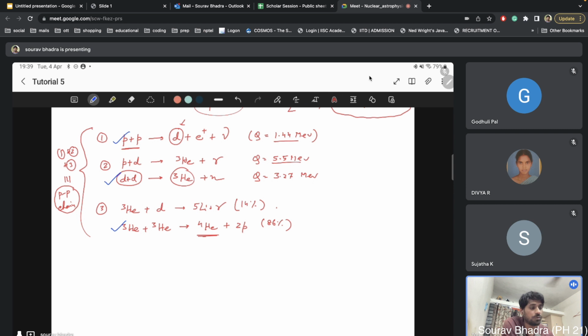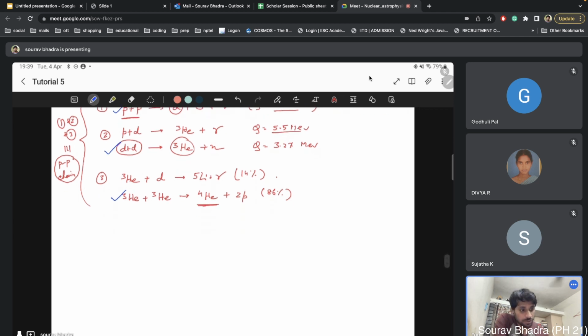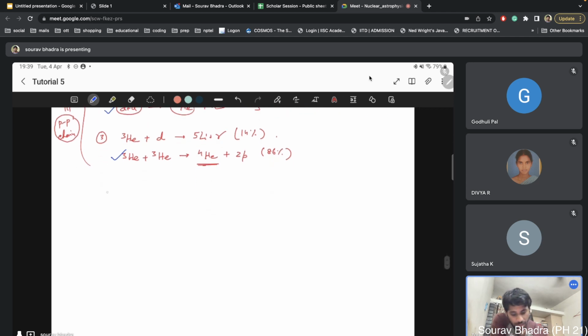And now we will calculate, because there is some question depending on that, how much time the hydrogen burning will take in the star. So let us start with hydrogen burning.